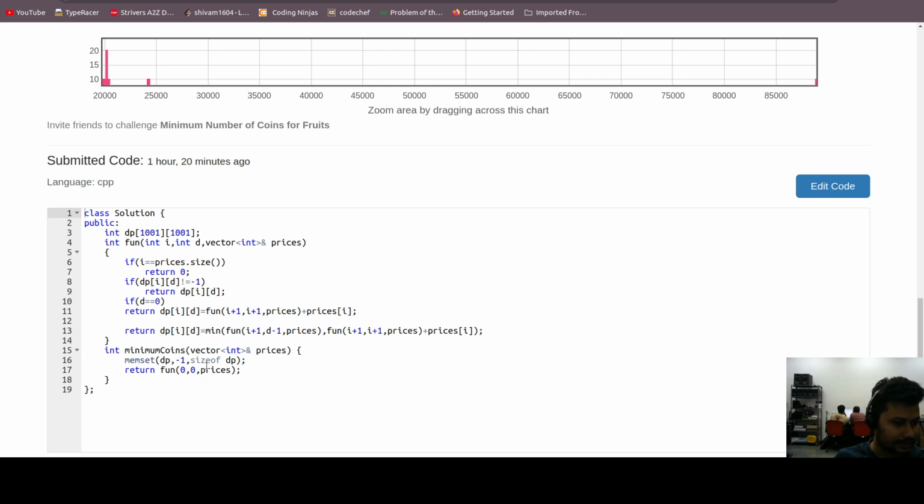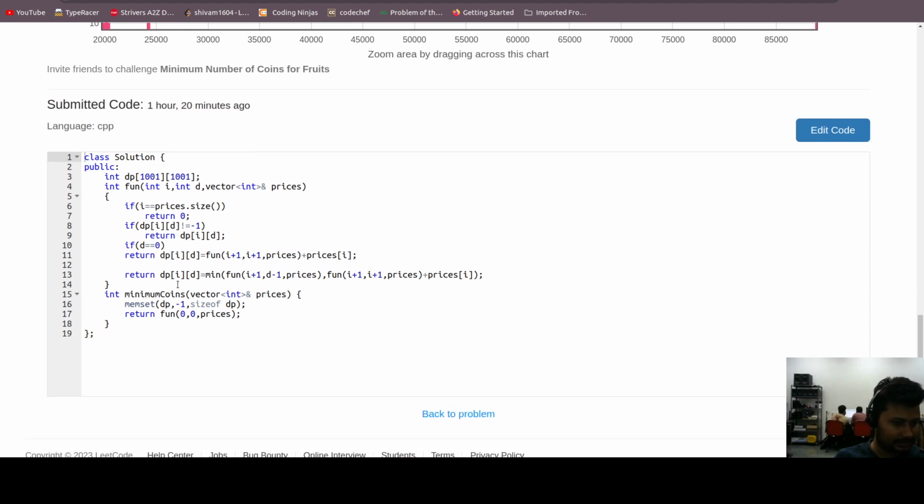First we initialize the DP with -1, and we check whether the value is already calculated. If it is already calculated, we return it. If not, we calculate it and store it in the DP array. So it's basically a typical DP problem, and it's an easy one. So this is the code for the same.